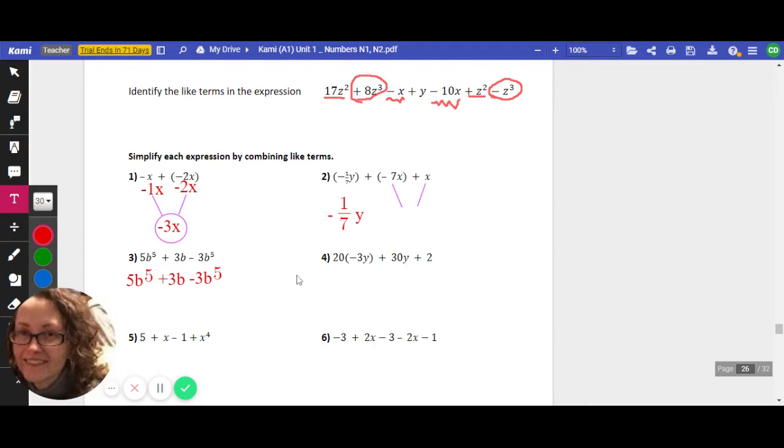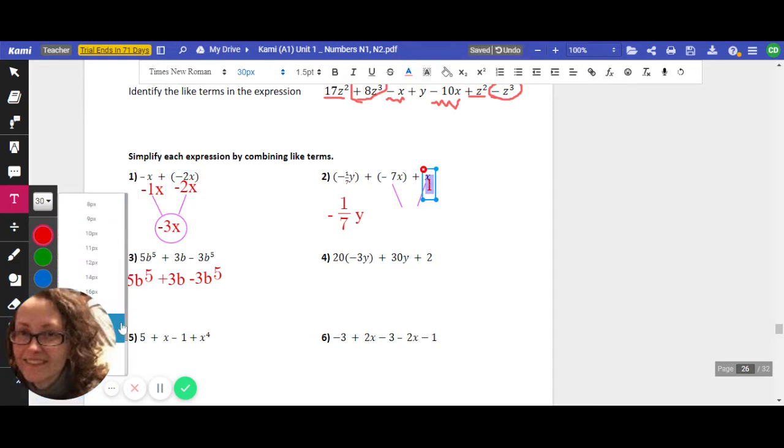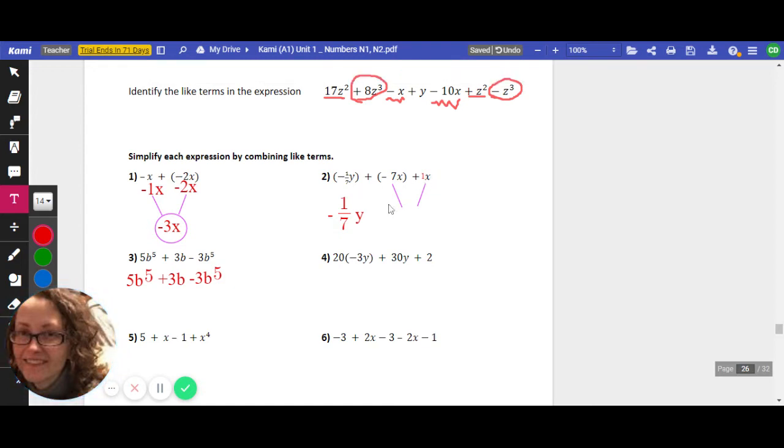So I can combine these other two terms, a -7 and a +1. Again, if I don't have a number, I can assume that that number out front is a 1.